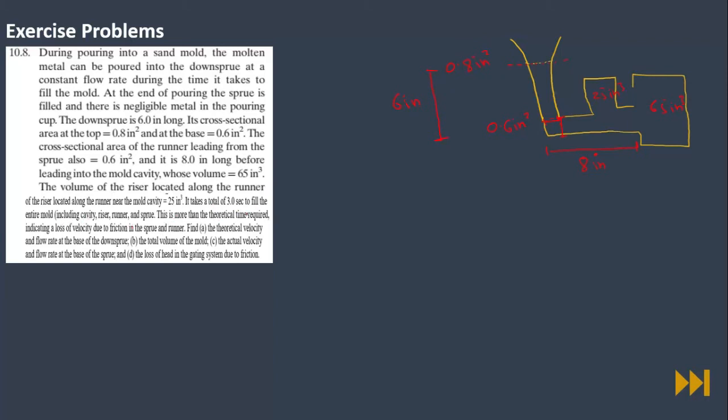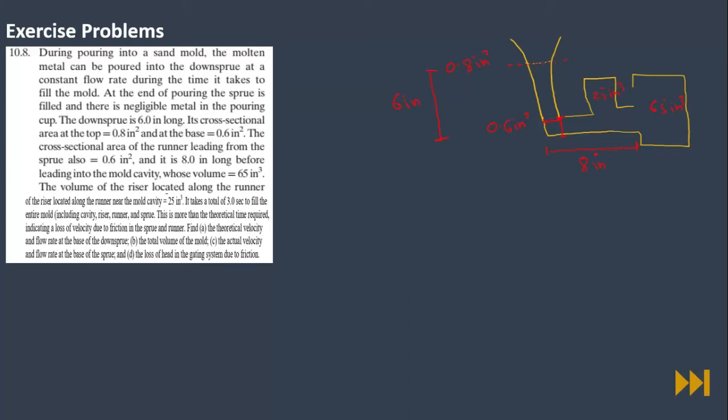This is more than the theoretical time required, indicating a loss of velocity due to friction in the sprue and the runner. Find the theoretical velocity and flow rate at the base of the down sprue, and find the total volume of the mold, and also calculate the actual velocity and flow rate at the base of the sprue, and the loss of head in the gating system due to friction.